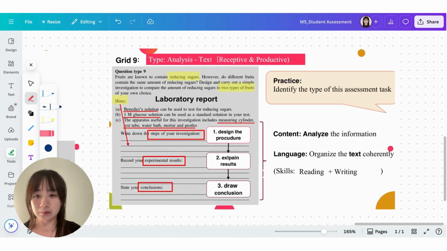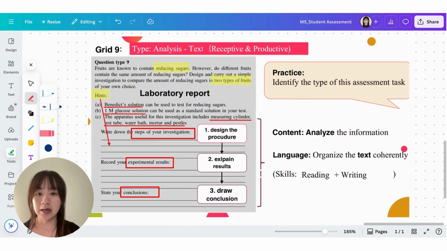And for the last cell, which is analyzing at the text level, I would say it is the most difficult, challenging part for students.